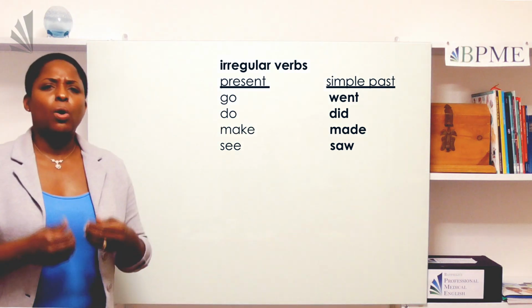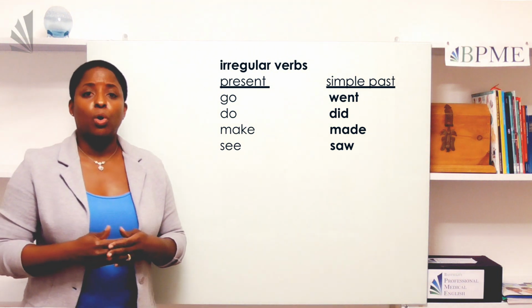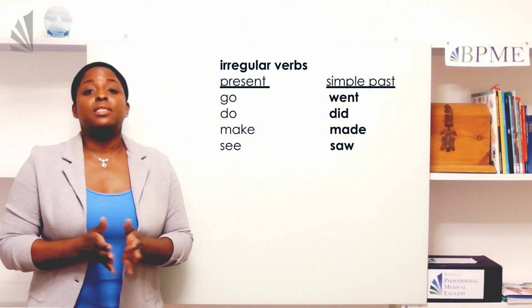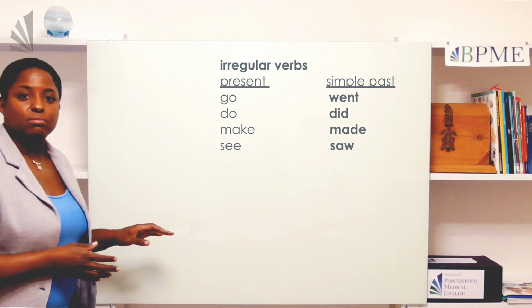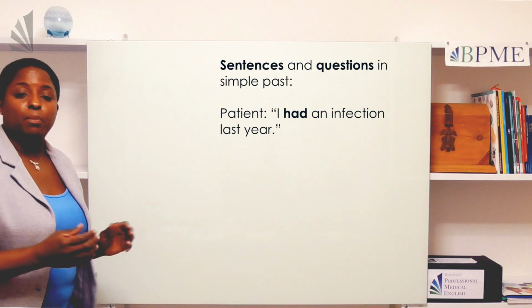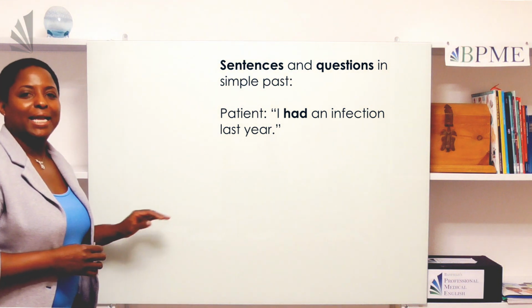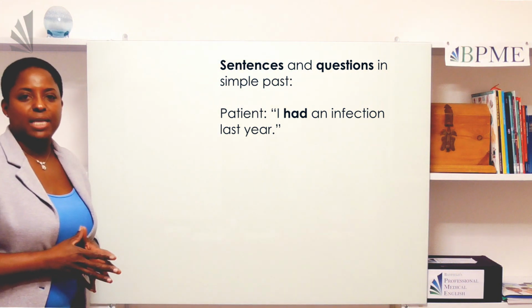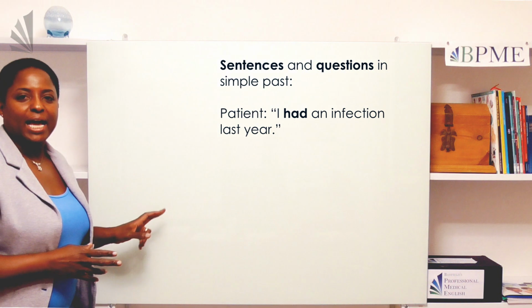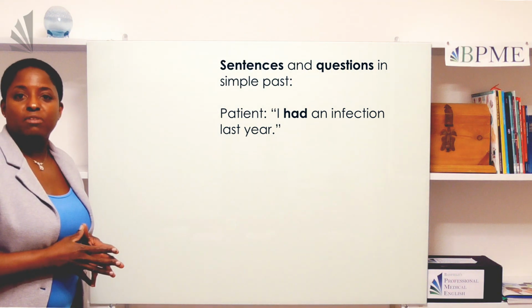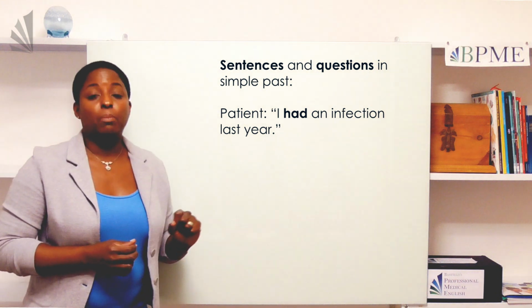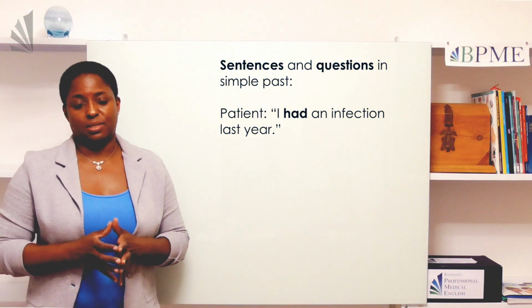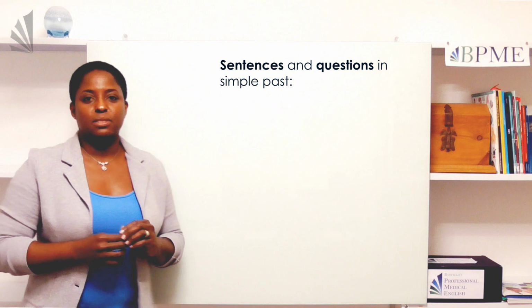So how do we pose sentences or pose questions in the simple past tense? Let's start with the easiest, a positive sentence. So a patient may say to you, I had an infection last year. Had is the simple past of have. You want to know about antibiotics, however, in the past.